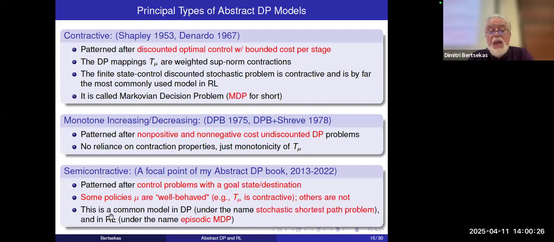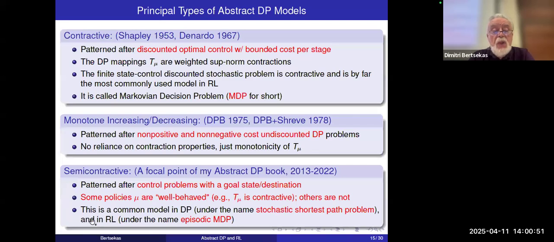And from the point of view of applications, this is a common model in dynamic programming under the name of stochastic shortest path problems. This type of problem is represented with shortest path problems where you have a destination that you want to reach at a certain time. And discount factors don't make sense in this context. So it's a different structure. Some policies are contractive, some other policies are not contractive.